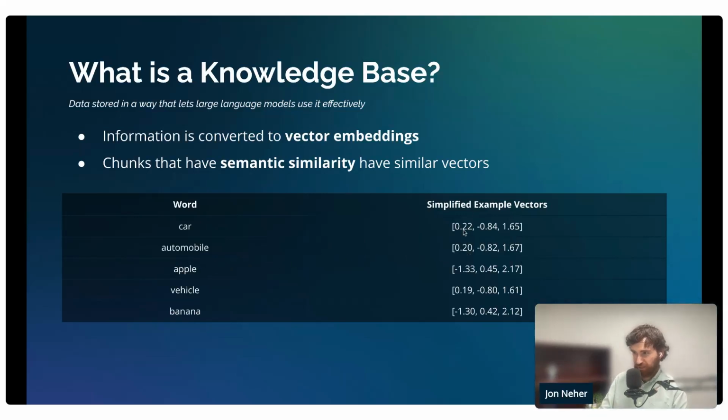They're both in the 20s, the 80s. In comparison, the vector for the word apple has negative 1.3, 0.45. That's not so close to car and automobile because an apple is a pretty different concept compared to a car and automobile. See, vehicle is close to those two, apple is close to banana.